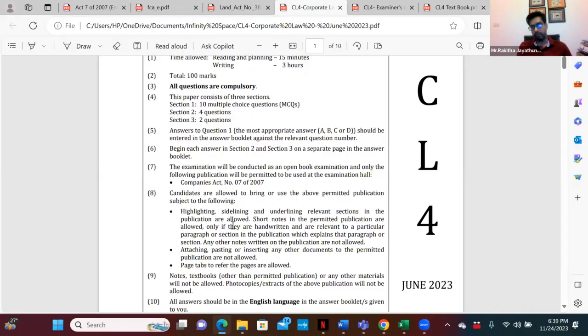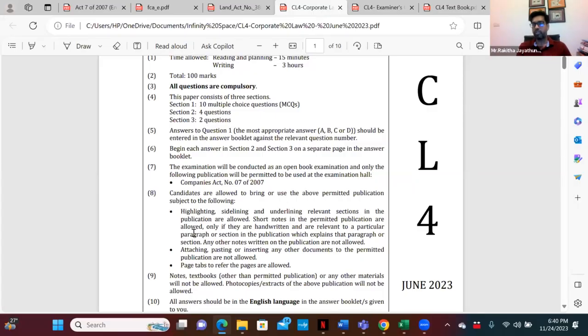That's, I would say, a blessing, extremely useful, because you will be able to save a lot of time by doing this. But of course, you can't do it at the exam. It's something that you have to do when you're preparing yourself for the exam. Short notes in the permitted publication are allowed.